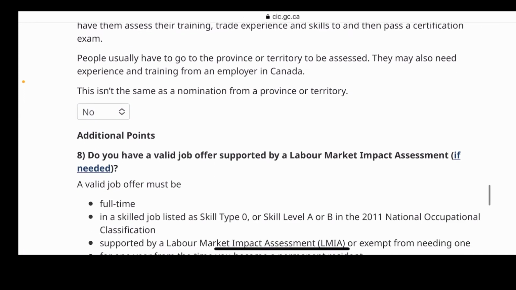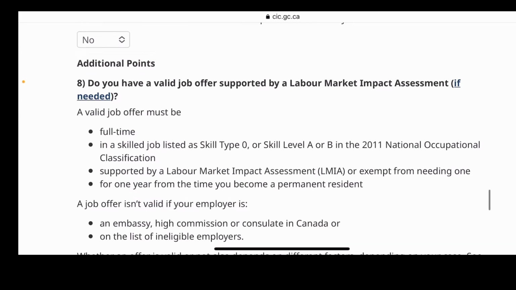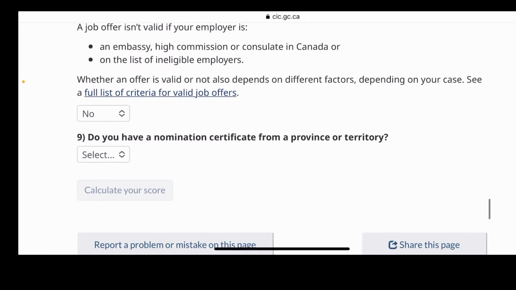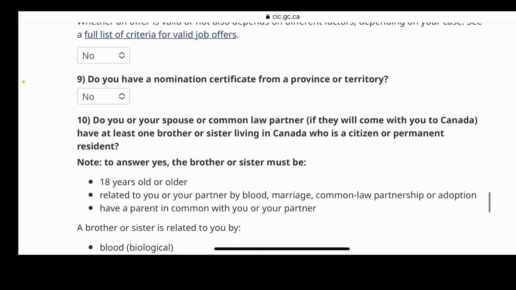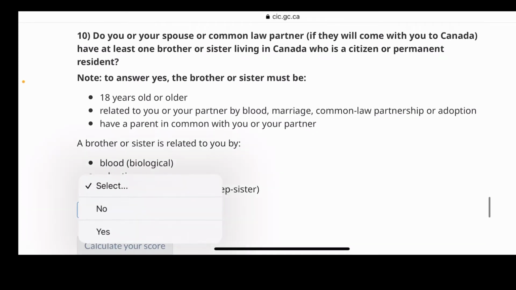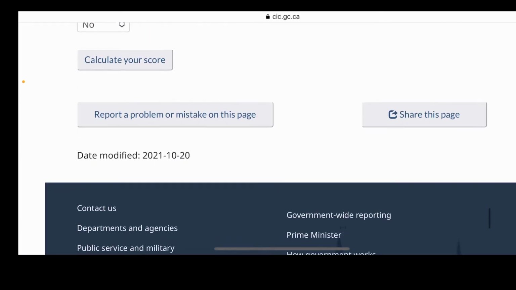We say no. And for additional points, does Tola have a valid job offer? We say no as well. Does Tola have a nomination certificate from a province? We say no. Now, do you or your common law partner have a sibling in Canada who is a citizen or a permanent resident? We'll say no, because Tola doesn't have anybody in Canada.